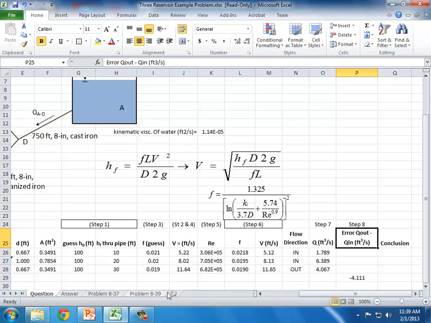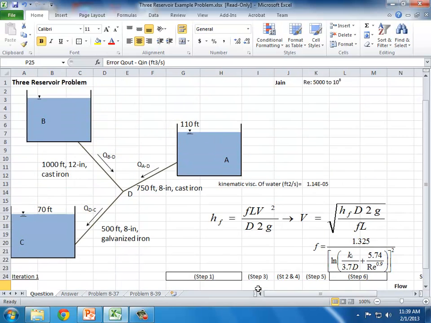Let's step back from the spreadsheet and think in physical terms about what this first iteration has told us. The way that we're solving this problem is we're trying to guess how much energy there is at D. Because if we know how much energy there is at D, then we can calculate what the flow rate is through each of the pipes. But our guess was wrong, and our guess was too low.